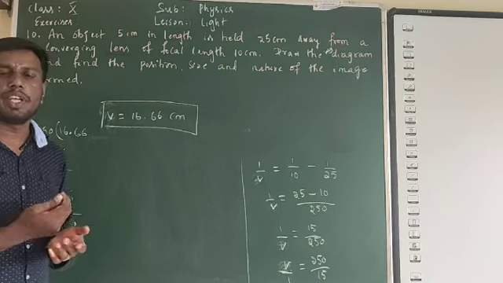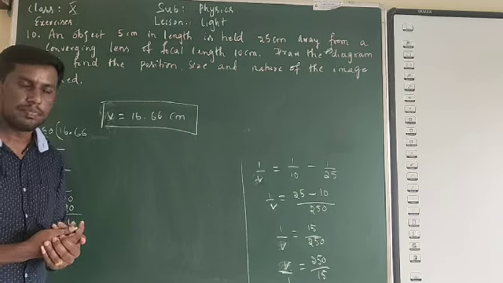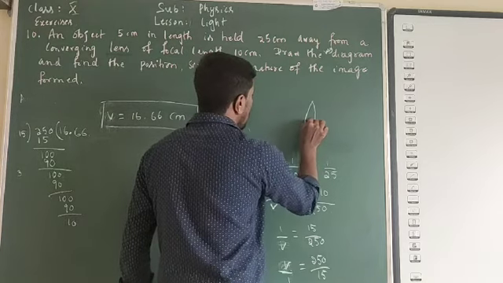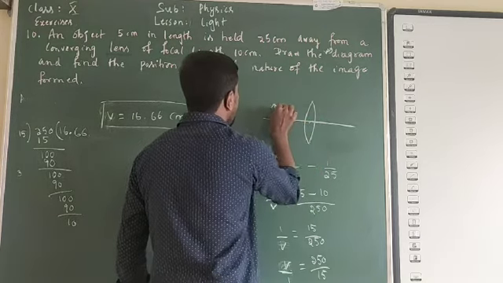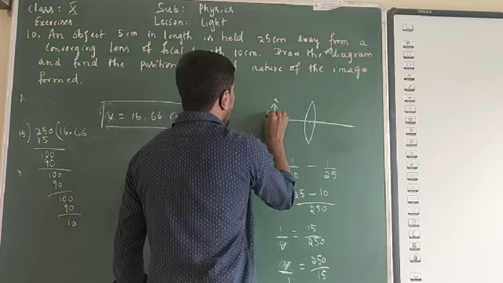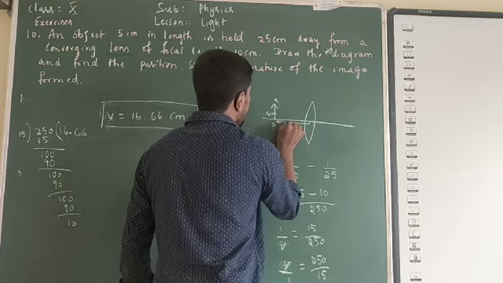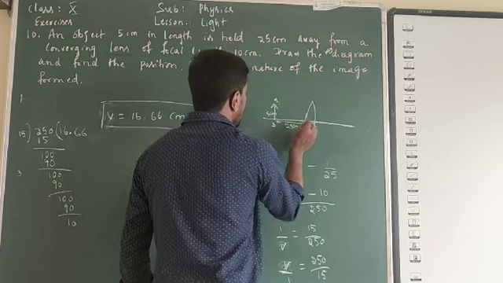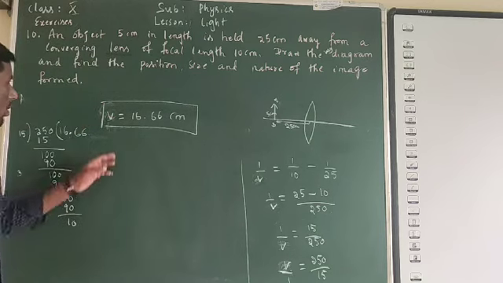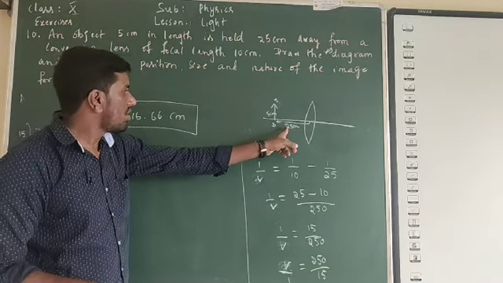So where is the image now? Convex lens, object 5 centimeter, and this is 25 centimeter away from the convex lens. So object distance is 25 centimeter.